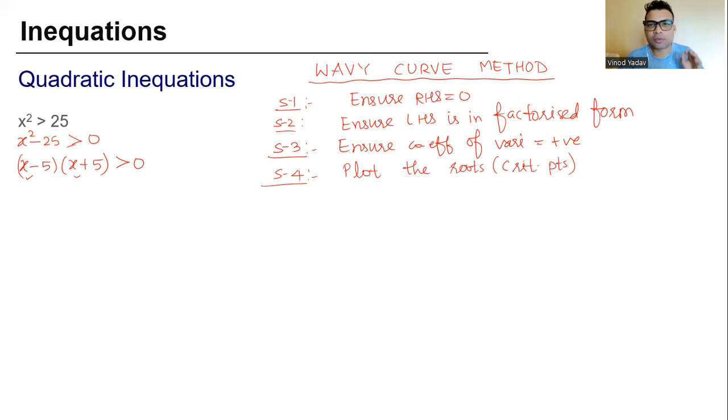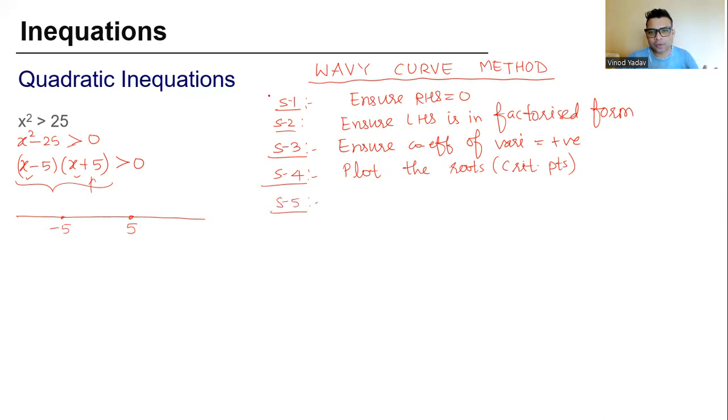Whatever is visible on the left hand side is y only, a function of x: (x minus 5) into (x plus 5). When will this be 0? Mentally just equate each term to 0. So x minus 5 equal to 0, so x is 5. I got the first root. x plus 5 is equal to 0, so I got the second root, x equal to minus 5. And you plot them the way they appear on the number line. Very easy.